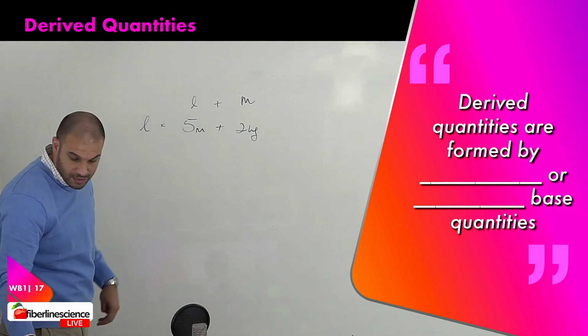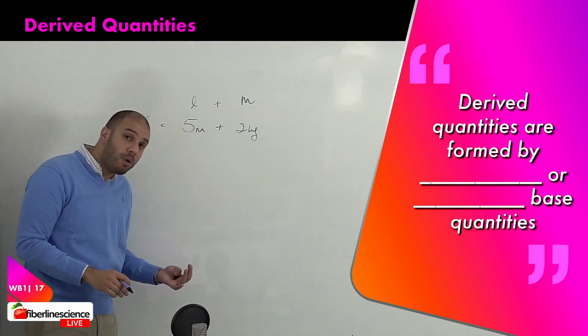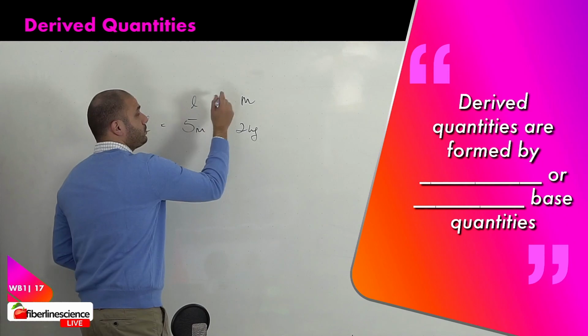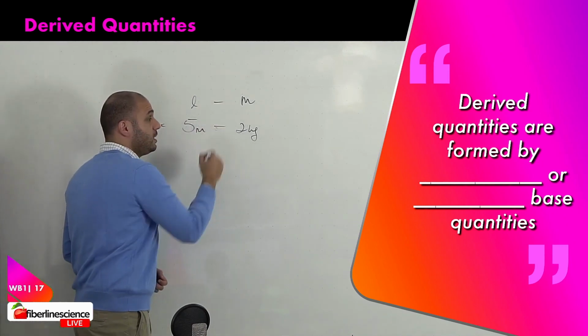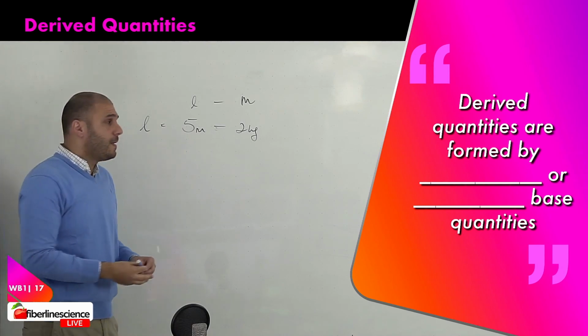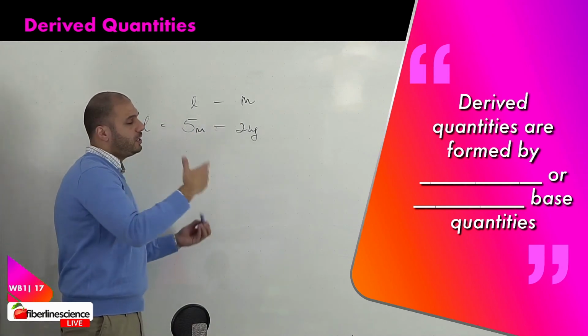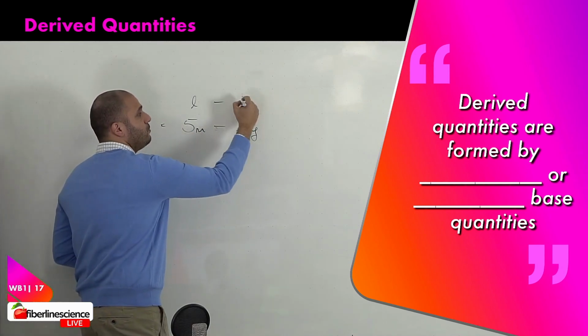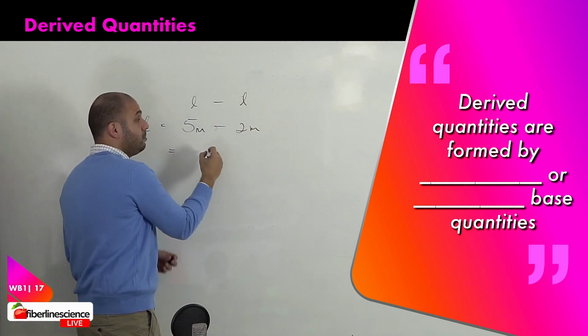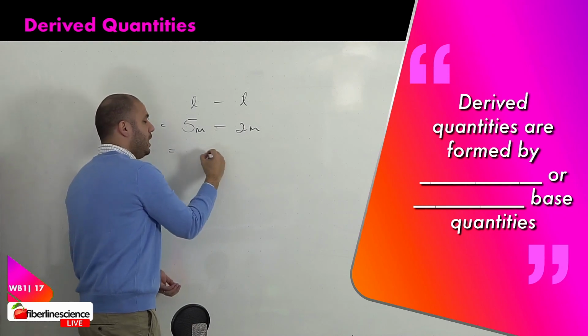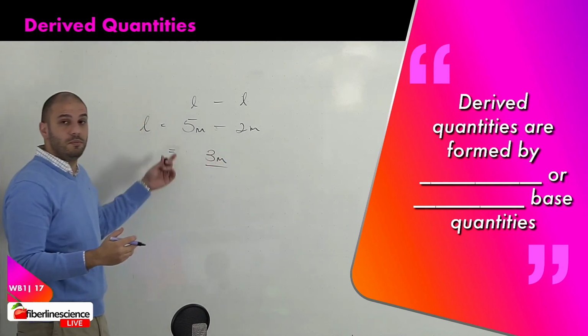So addition can't be used to combine quantities to create new quantities, and same thing goes for subtraction. If we're just trying to subtract different quantities, you can't. If we're subtracting the same quantity, well, you can do that, but the answer would still be that same quantity.